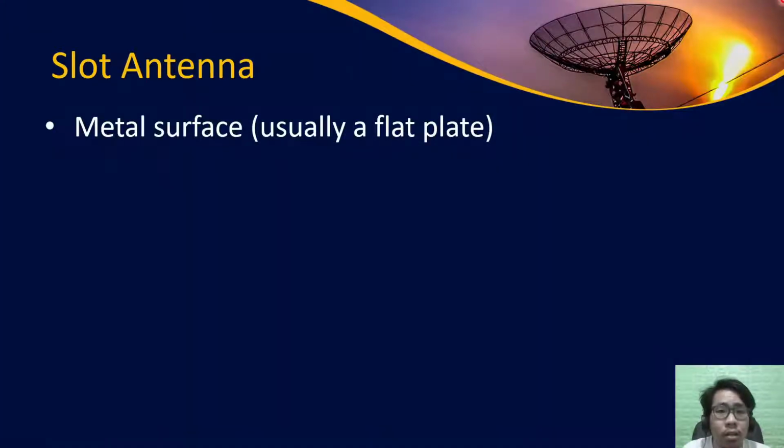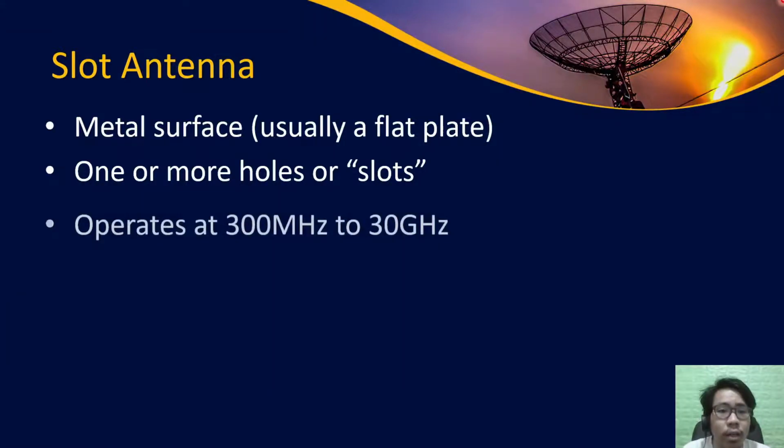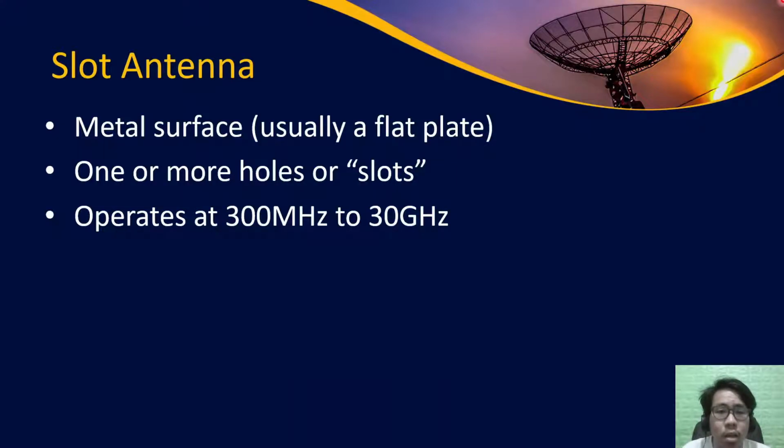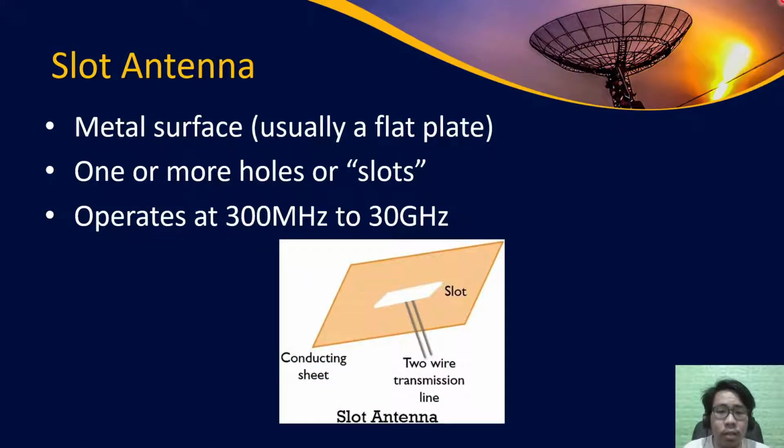So it is composed of a metal surface, usually a flat plate, and it is also composed of one or more holes called slots. And it operates at 300 megahertz to 30 gigahertz. So this is an example of a slot antenna which is rectangular in shape.